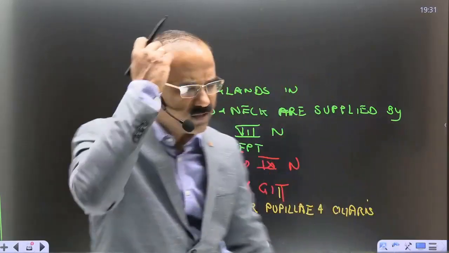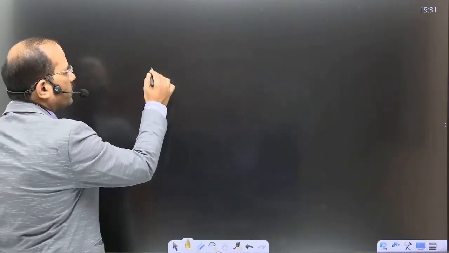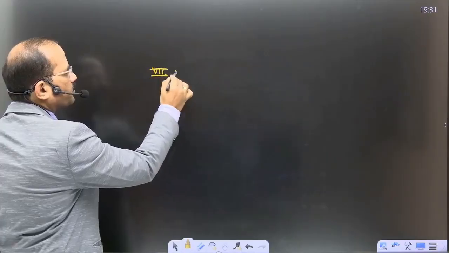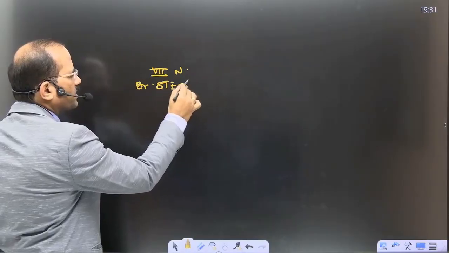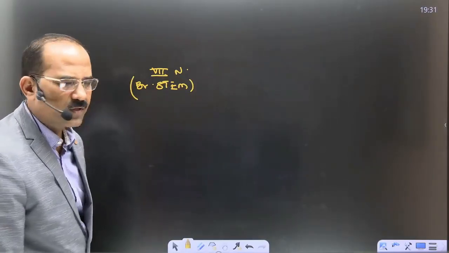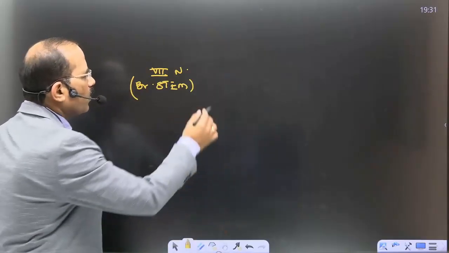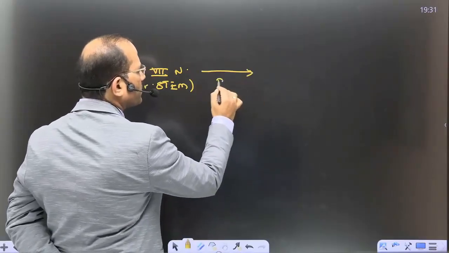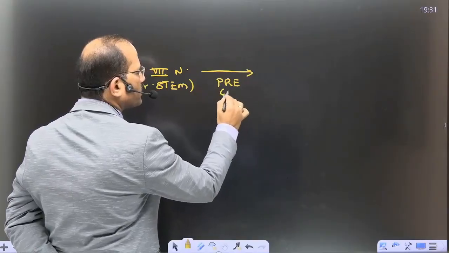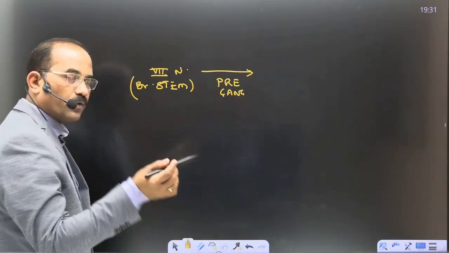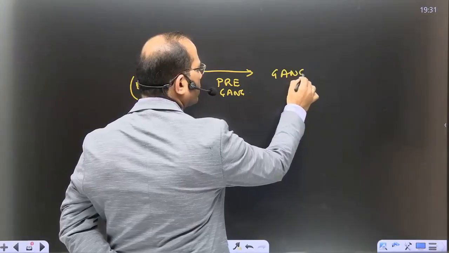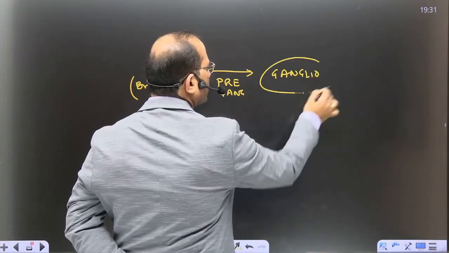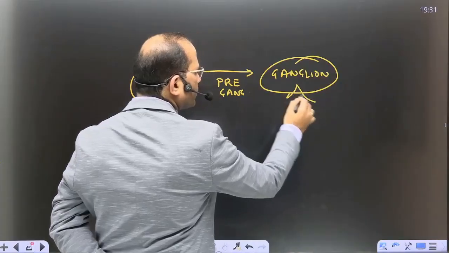Now, I'll make it easy for you. Look, say we're talking about the facial nerve. Where does the facial nerve begin from? Brainstem. Now, which part of the brainstem? That we'll see later. We're discussing the facial nerve. Facial nerve begins from the brainstem. What are these fibers, students? These are the preganglionic fibers. Now, these preganglionic fibers would be coming to a ganglion. Now, this facial nerve is related to two ganglions.